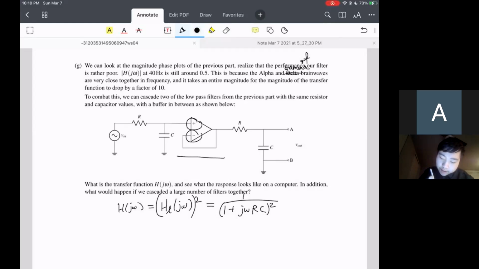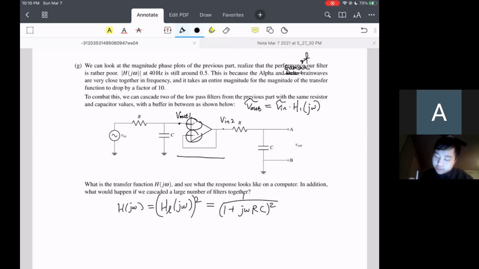So yeah, basically, if this is something that we call V out 1, and this V in 2, by the second golden rule, we know that the voltage at the two input terminals are the same, and so V out 1 is equal to V in 2. V out 1, its phasor representation, is equal to V in tilde times the transfer function of the first filter, right? That's by definition.